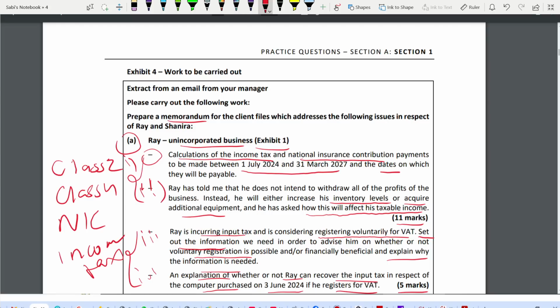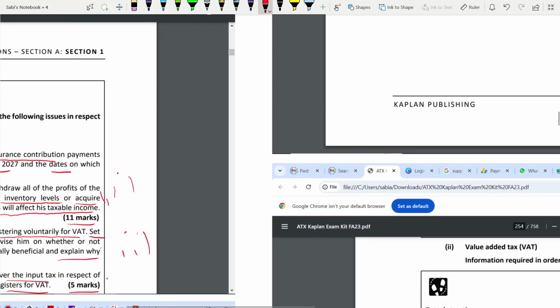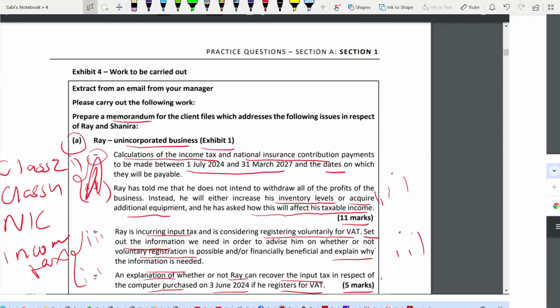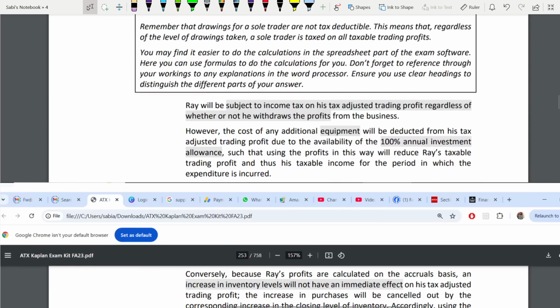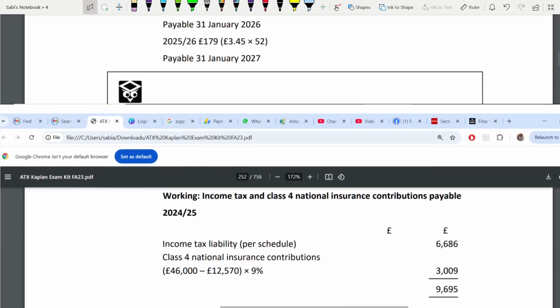I'm sorry, take this both as first part, this is second part, because these together are 5 and these both are 11 marks. Okay, so here itself you can get your subheading from your exhibit 4, the requirement, just copy paste in your Word when you're going to type it.